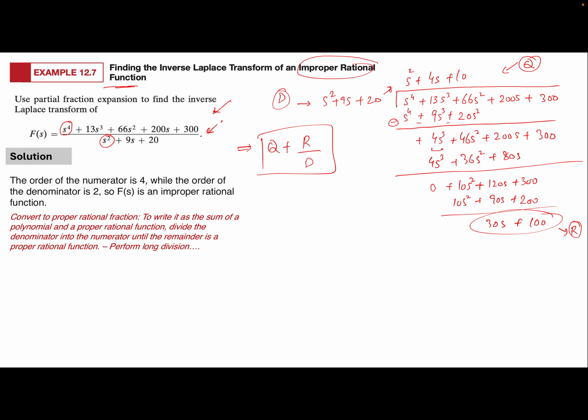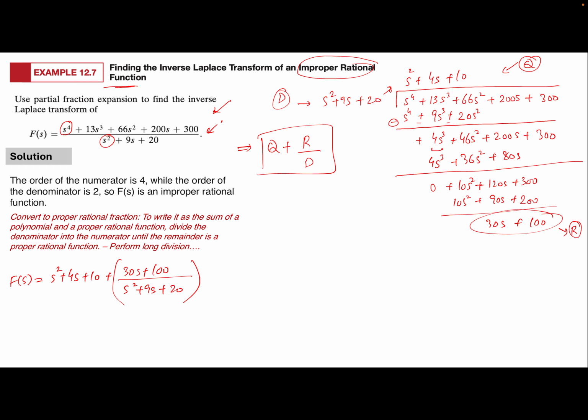So I'm going to re-express f of s by the quotient, which comes out to be s² + 4s + 10, plus remainder 30s + 100 divided by divisor s² + 9s + 20. Right, so this is beautiful.